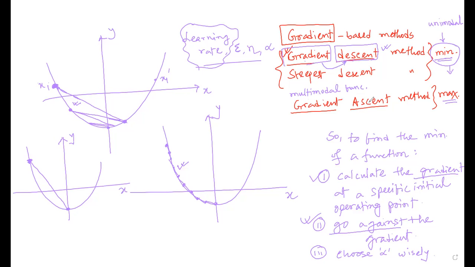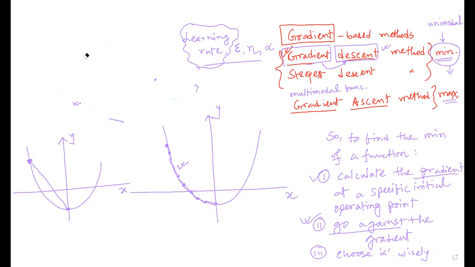On the other hand, what is gradient ascent? Let me erase this. Remember, gradient ascent is the opposite of gradient descent, and it helps us to find the opposite optimum, that is the maxima of a function, which might look like this. This is your y, this is your x.